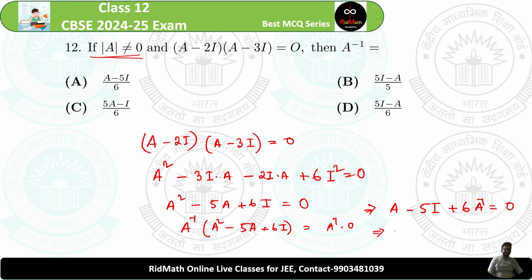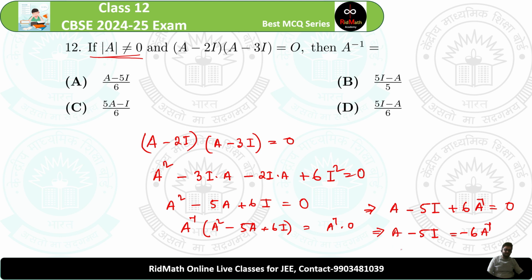So that means A minus 5I is equal to minus 6A inverse.